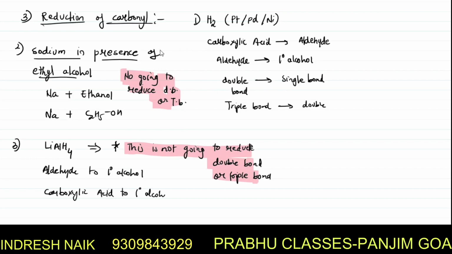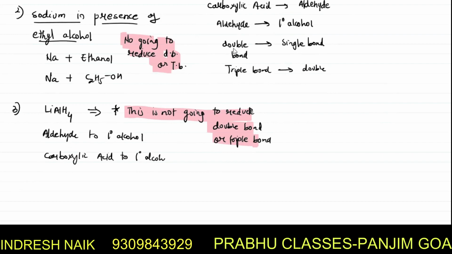Here this reduces, no? And the other reducing agent which we know is sodium borohydride. Fourth is NaBH4, right? This also works in the same manner, but it doesn't reduce carboxylic acid to primary alcohol.